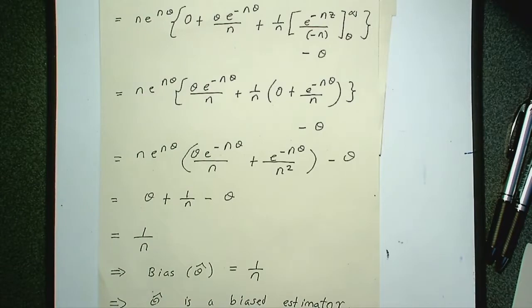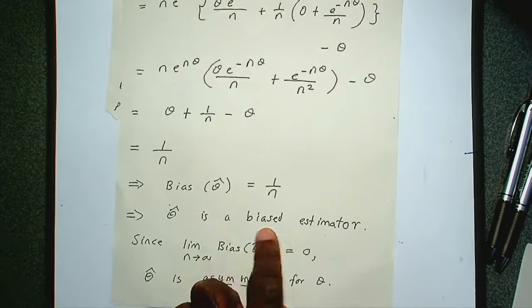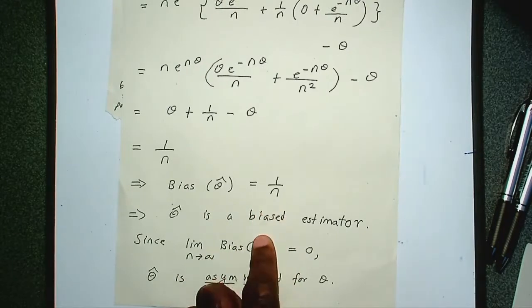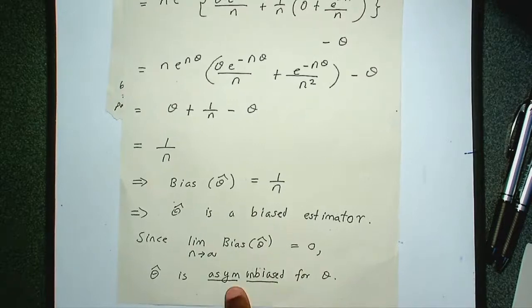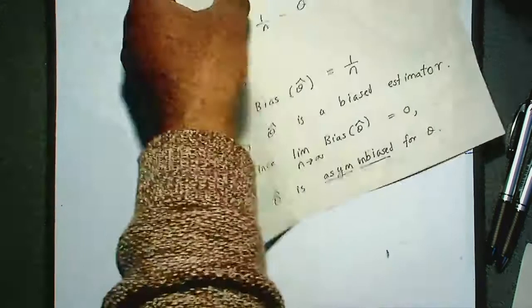So it follows that the estimator is biased, because remember, a biased estimator is one where the bias is not equal to 0. If the bias is equal to 0, then it's an unbiased estimator. In this case, because the bias is not equal to 0, it's a biased estimator. However, since the limit is equal to 0, it is asymptotically unbiased. That's the first part I did on Tuesday.